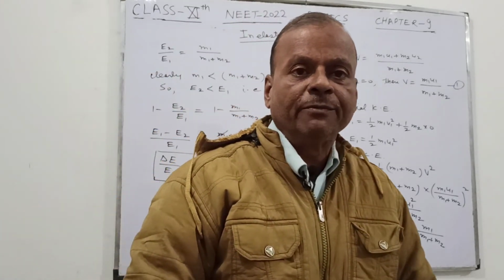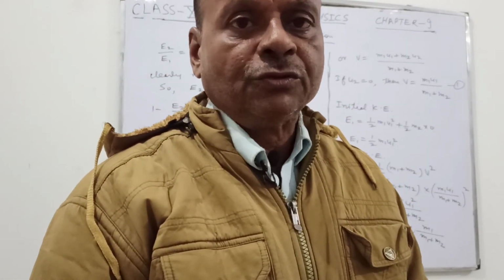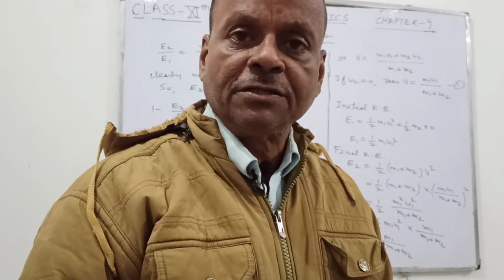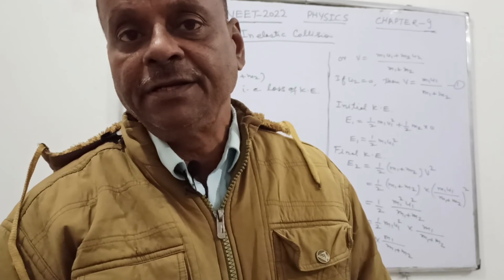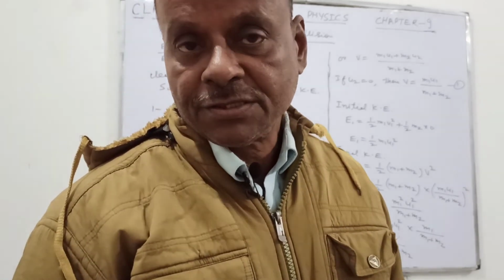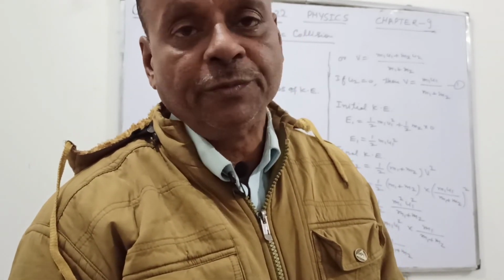This we have to remember. Thus in inelastic collision, the kinetic energy is lost, and this loss in kinetic energy appears in the form of heat, sound and many other energies.